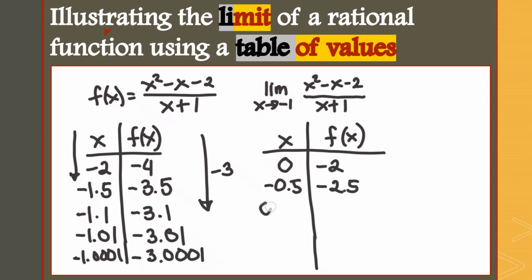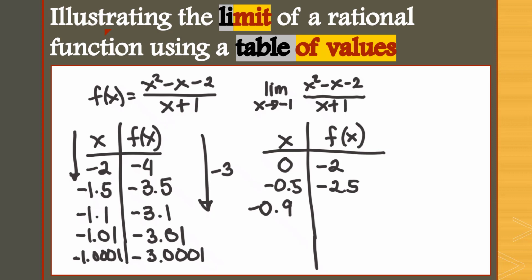Next, we have negative 0.9, because we're getting closer to negative 1. So negative 0.9 times negative 0.9 is positive 0.81, and then minus negative 0.9, so plus 0.9, you will have positive 1.71.